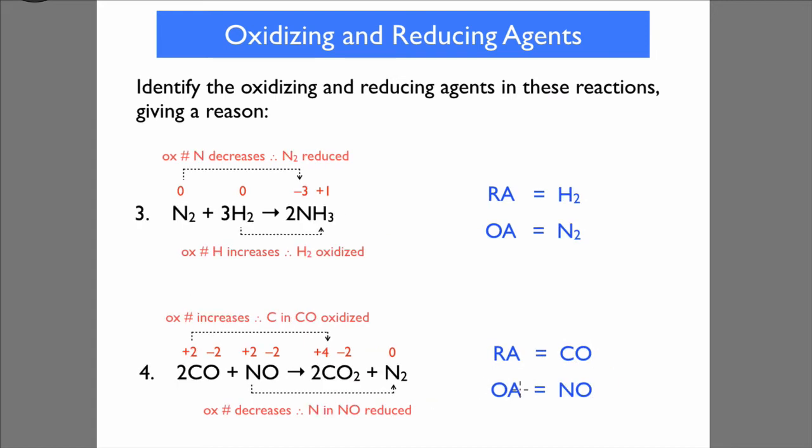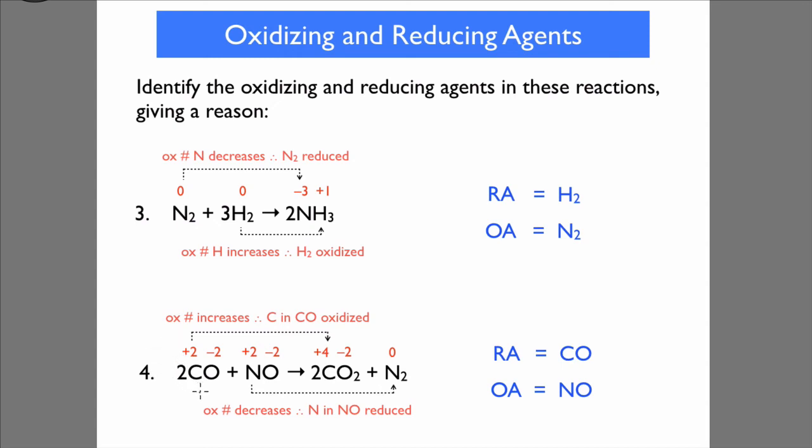And the other two, so look, we've got nitrogen decreasing from 0 to -3, so nitrogen is being reduced, so nitrogen must be the oxidizing agent. Here we've got oxidation number of hydrogen increasing from 0 to +1, therefore hydrogen is being oxidized, so it must be the reducing agent.